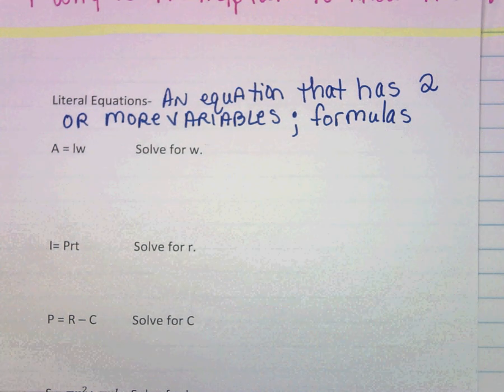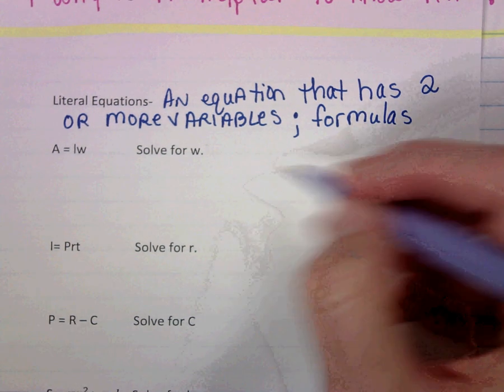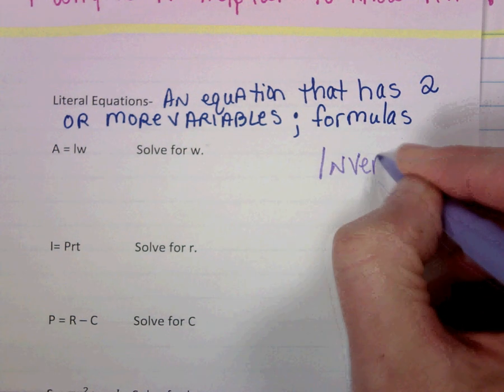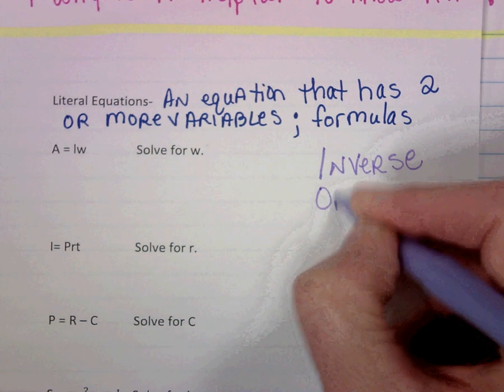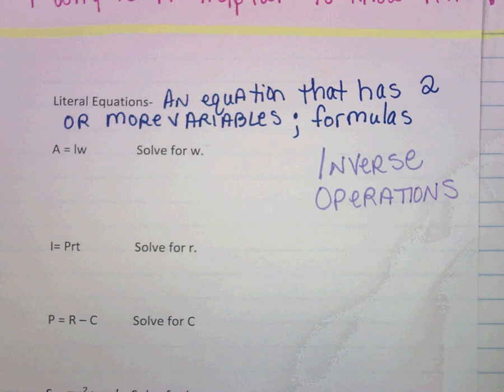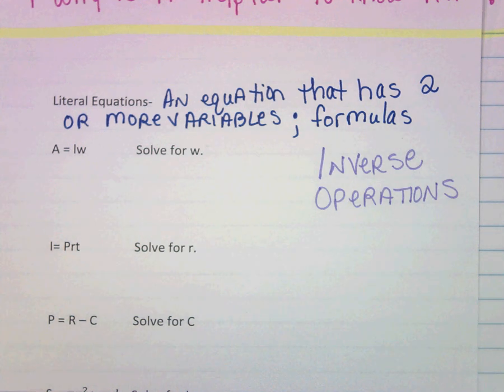The one thing I want you to think of is, just like any equation, when we rearrange it we're always doing inverse operations. So when you look at a variable and you're not sure how to cancel it out or move it, you need to think about what is the inverse or opposite operation that would cancel it out.